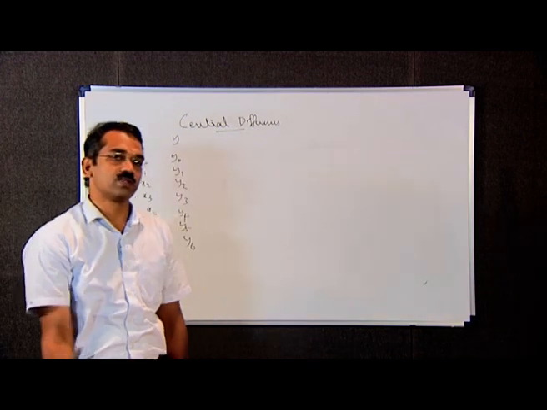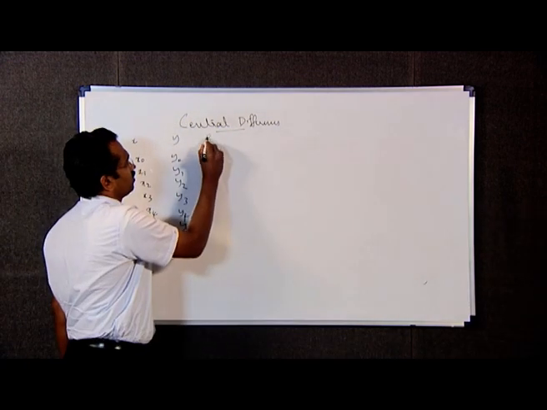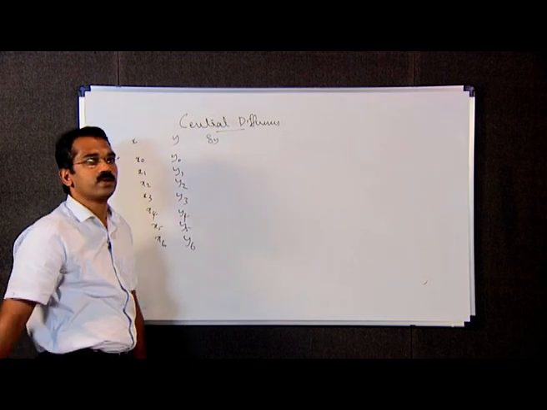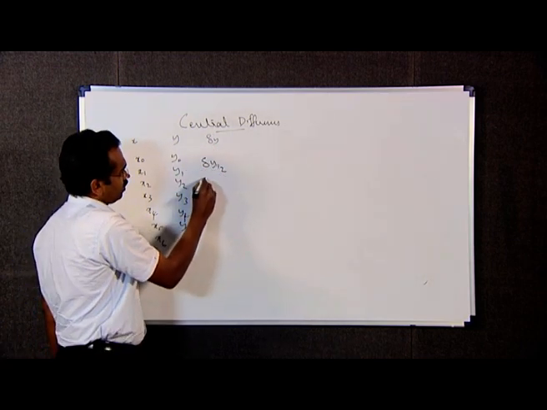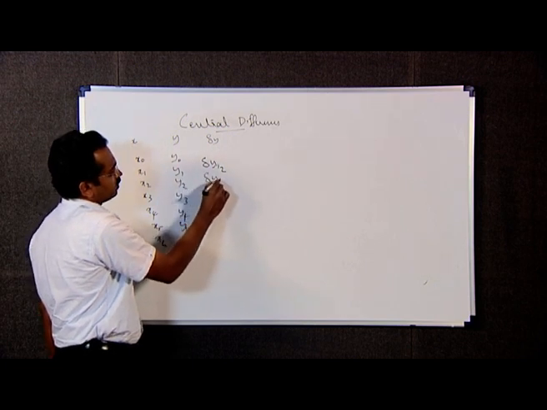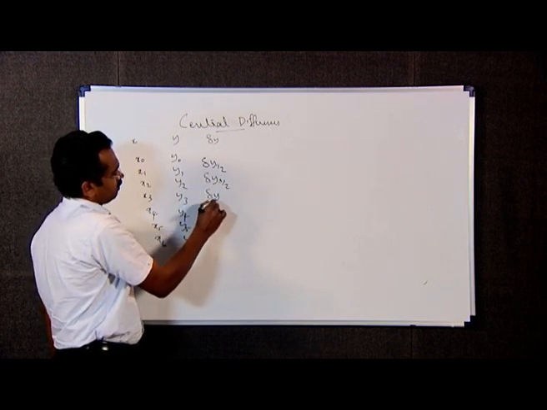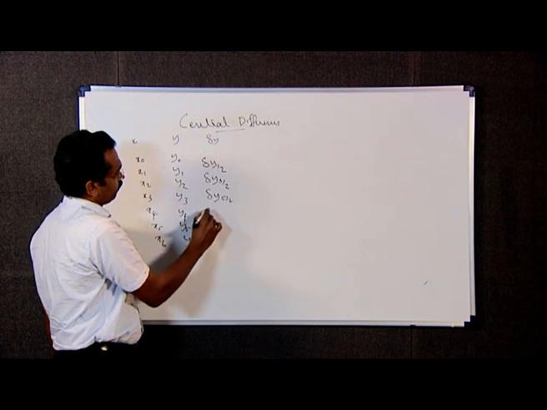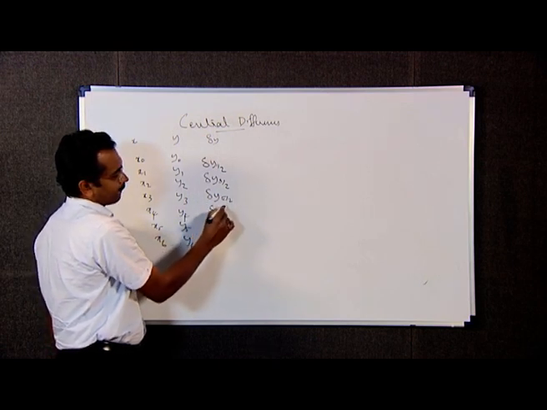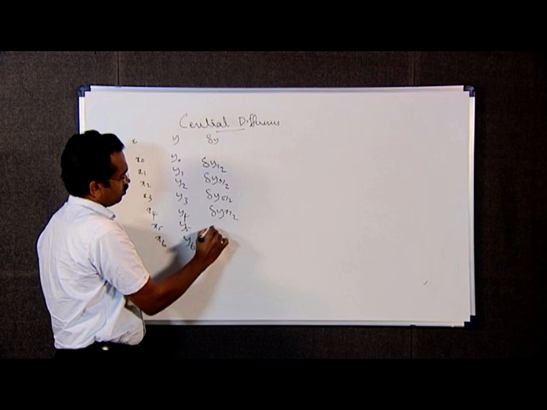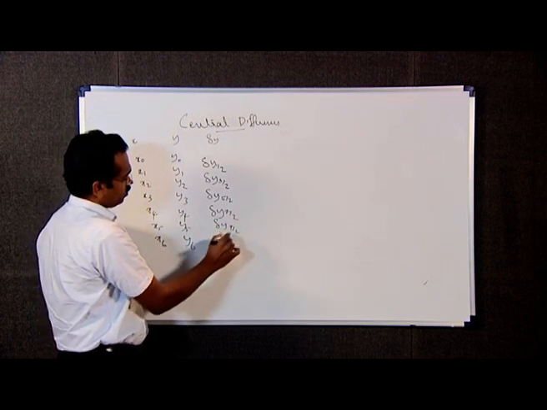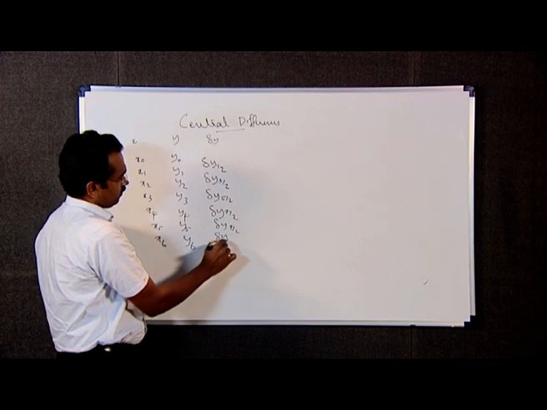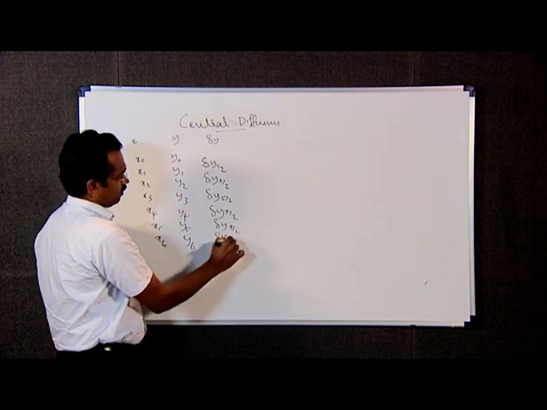The first central differences are delta y 1 by 2, delta y 3 by 2, delta y 5 by 2, delta y 7 by 2, delta y 9 by 2, delta y 11 by 2.